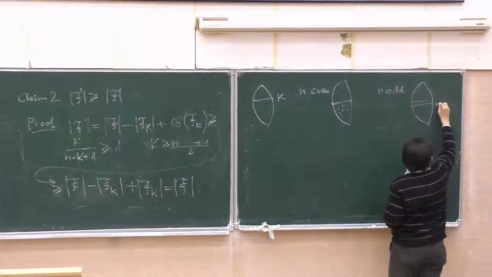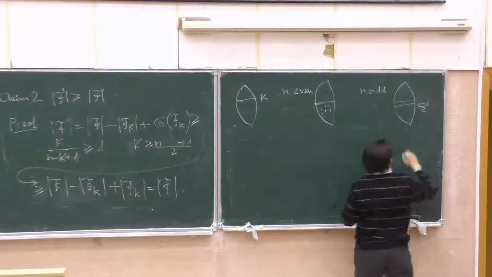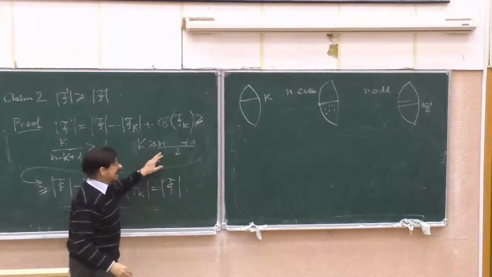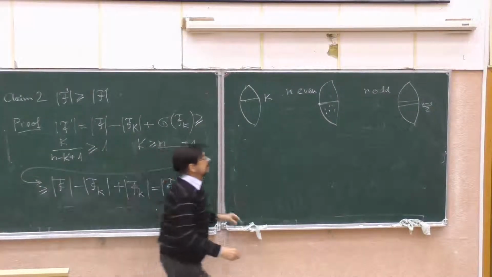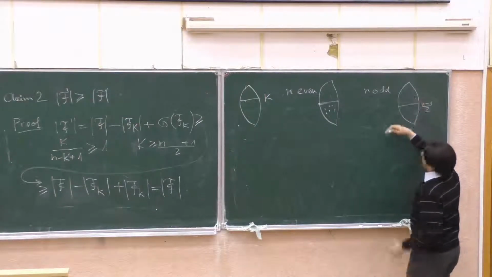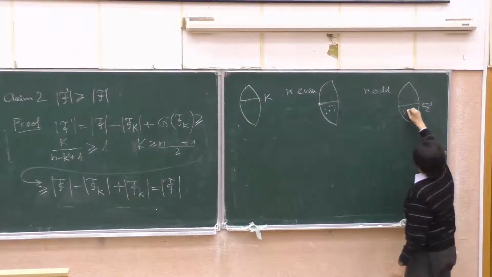So to this level, because when k was n plus 1 over 2, so when we were in this level, we could also push down.